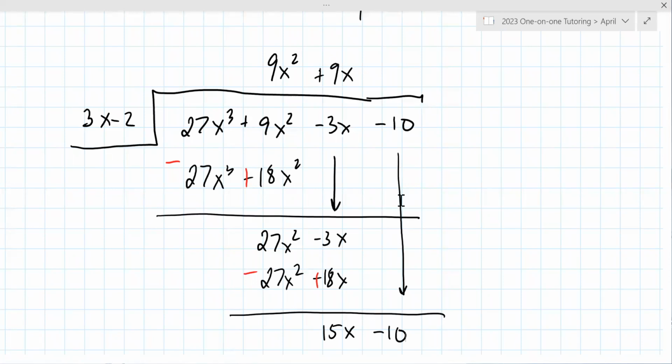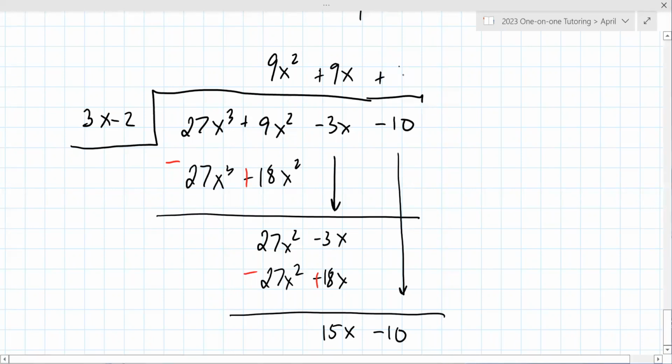Would it be 3x on top? You're trying to get to 15x, so it would be a little bigger. And there's no x, because you had an x squared, x to the power of 1, so no x here, just a number. Is it 5?